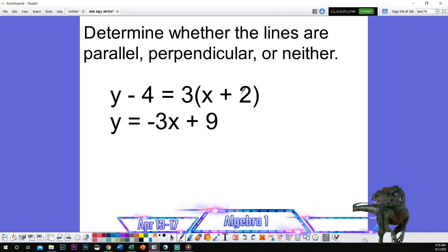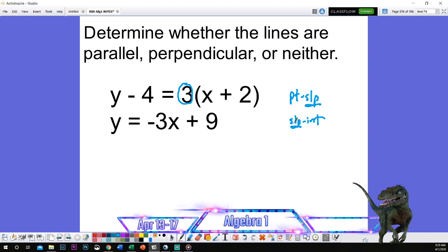Okay, what formula is the top one? Hopefully you said point slope, because point slope has parentheses. What formula is the bottom? Slope intercept, because it says y equals. Alright, both of these have the word slope in it, so I should just be able to circle the answer. Remember, slope comes right after the equal sign as long as it has the word slope in the formula.